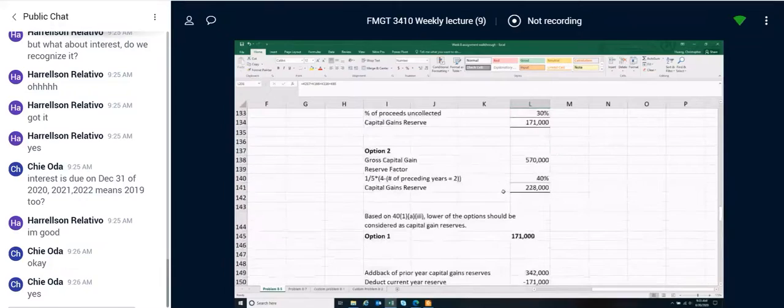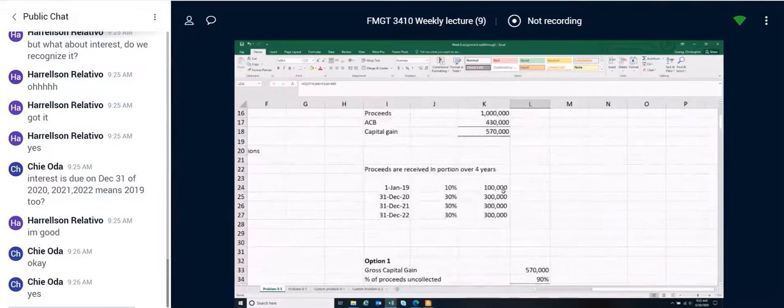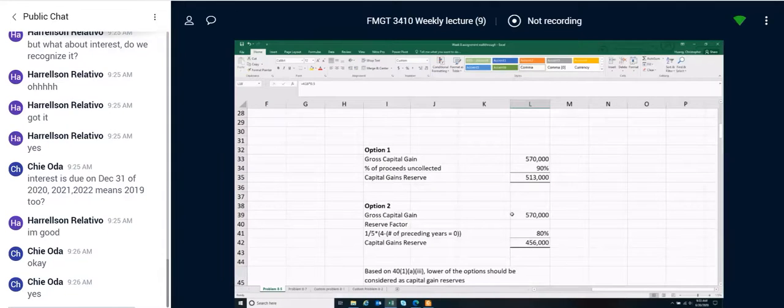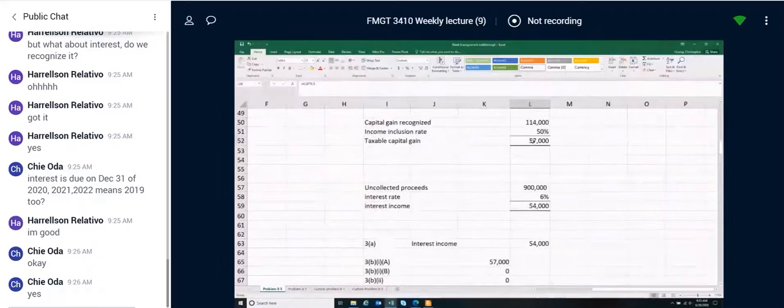So again, if we go all the way back here to the beginning, right? 570 times 50% is 285. So we want to recognize 285,000 taxable capital gain. So again, year one, we recognize 57.